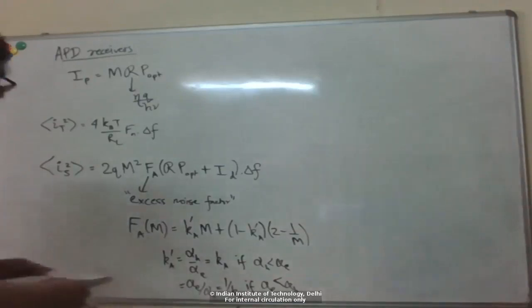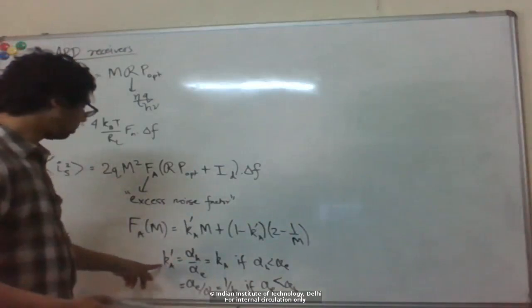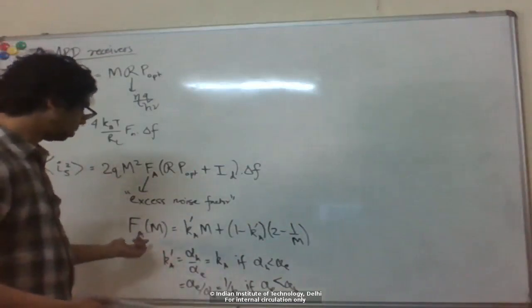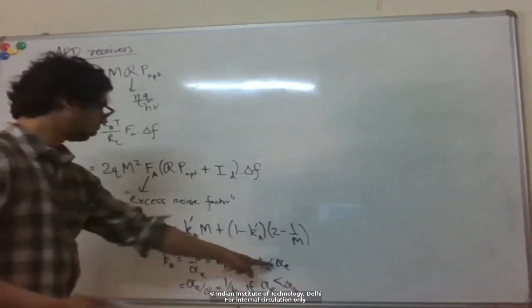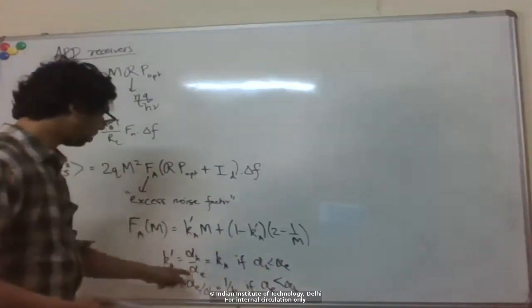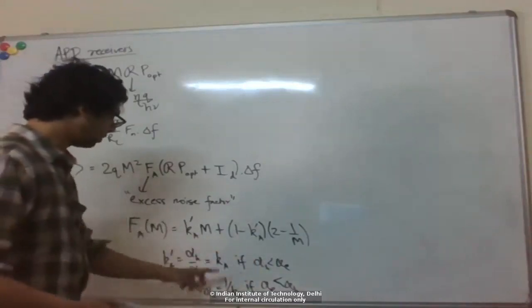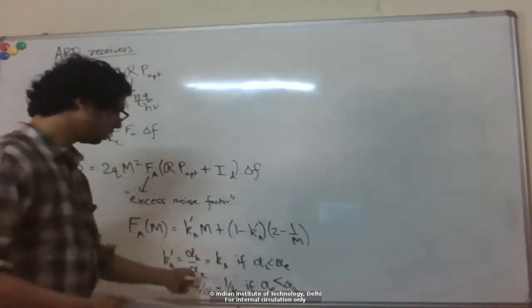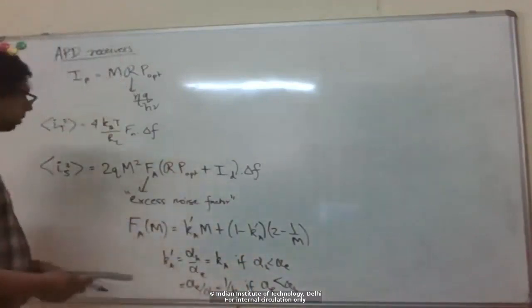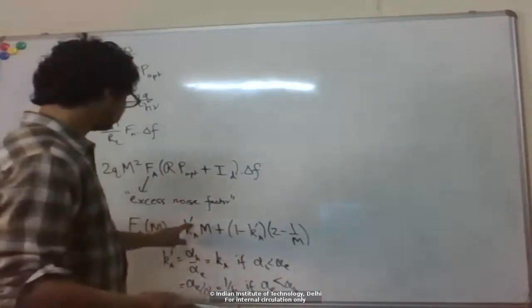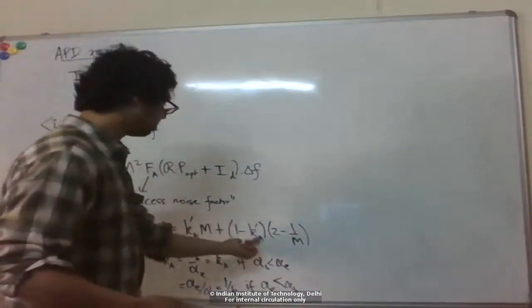So you can see that K_A prime is some number between 0 and 1. If this is true, then this is already less than 1, but if it's the other case, then you take the inverse, which is also less than 1. So K_A prime and 1 minus K_A prime are between 0 and 1.